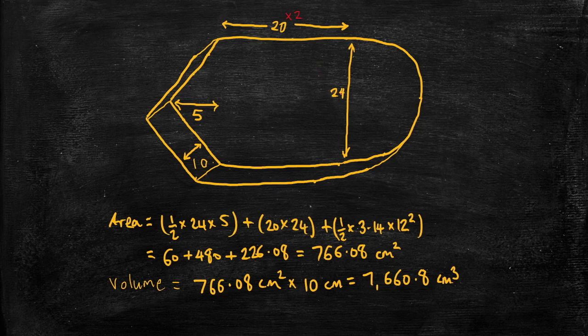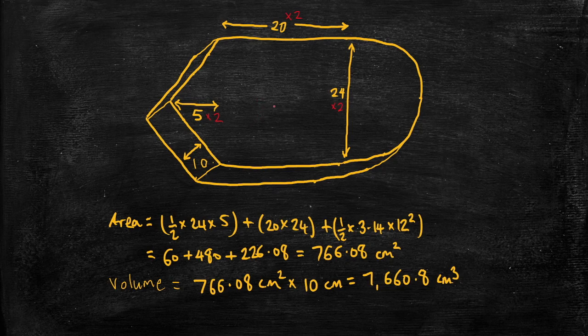And then similarly we take the 24, the diameter of the semicircle, and we multiply that by 2 as well. And then this distance here, which if we think of this as a triangle, represents the height of that triangle, I suppose that gets multiplied by 2 as well.